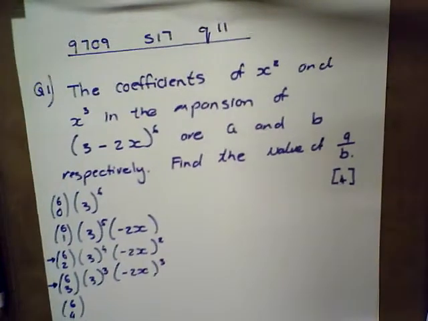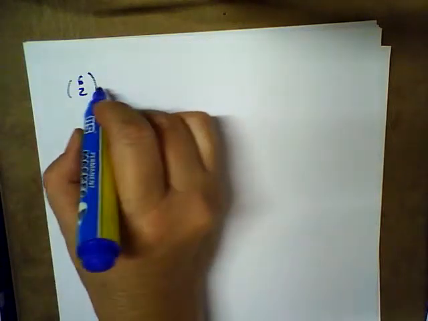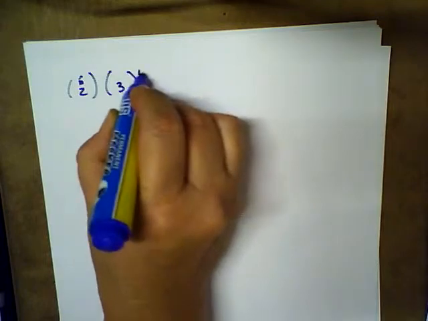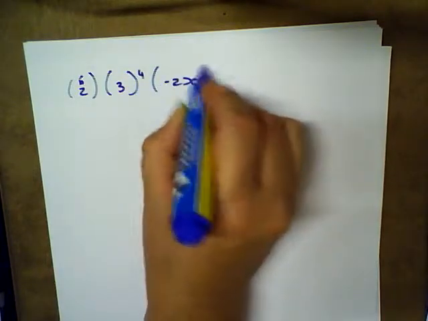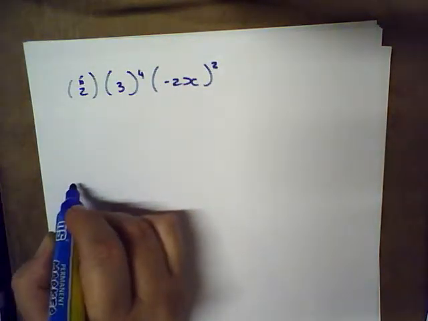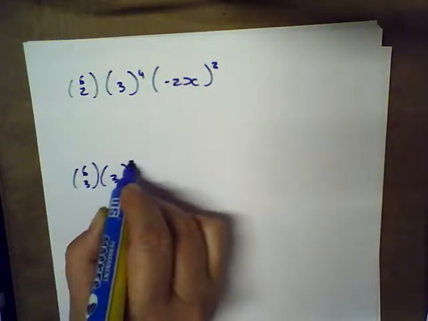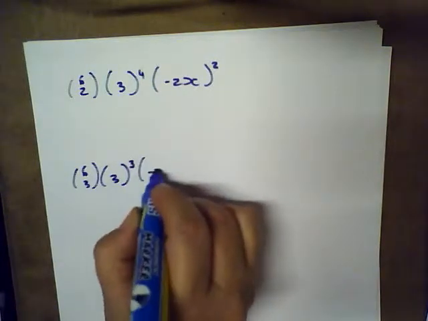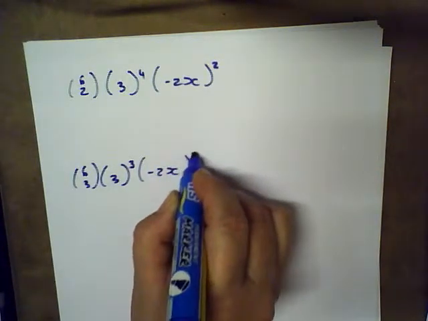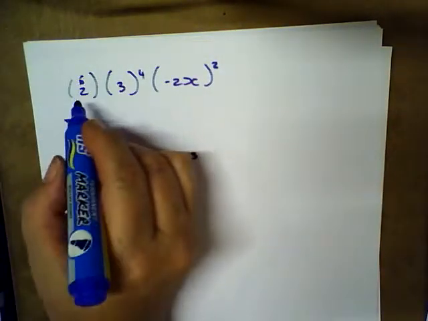Okay, so let's have a look. I'm just going to rewrite that quickly on another sheet of paper so that I have some more workspace. So we had 6C2, 3 to the 4th power, (−2x)². I'm giving myself a little space to work. 6C3, 3 cubed, (−2x)³. Okay, so what would that be? 6C2.